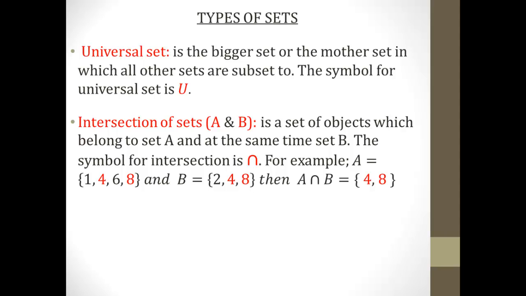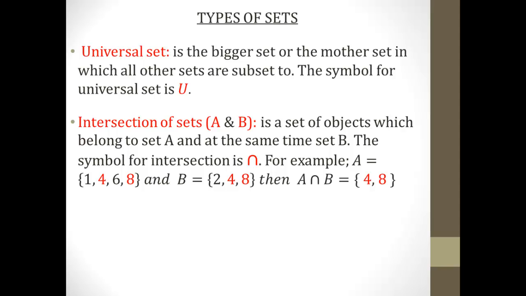So when you have two sets under consideration, say A and B, where A is 1, 4, 6, 8, and B is 2, 4, 8, what will the intersection be? What is common in set A and also common in set B? I mean, what can you find in set A which can also be found in set B?